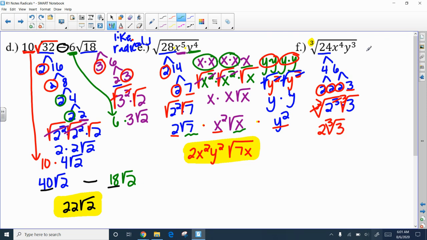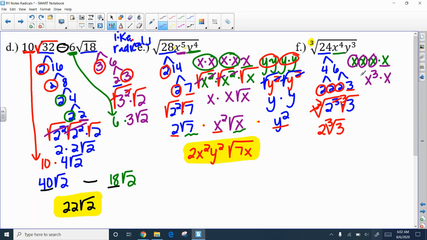All right, let's also do the variables. So next is x to the fourth. So that's x times x times x times x. And again, this is a cube root, so I'm looking for a group of 3. So I have a group of 3 and then an x left over, or x cubed times x.